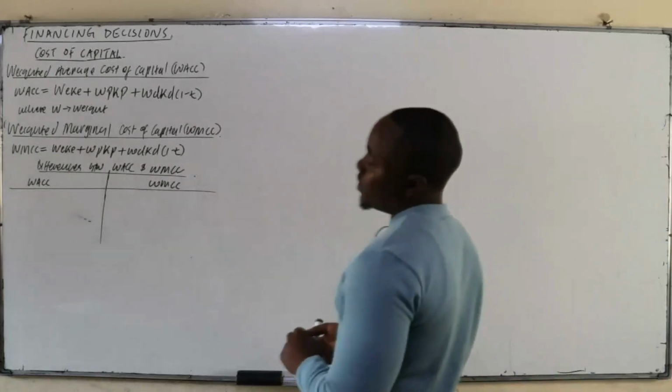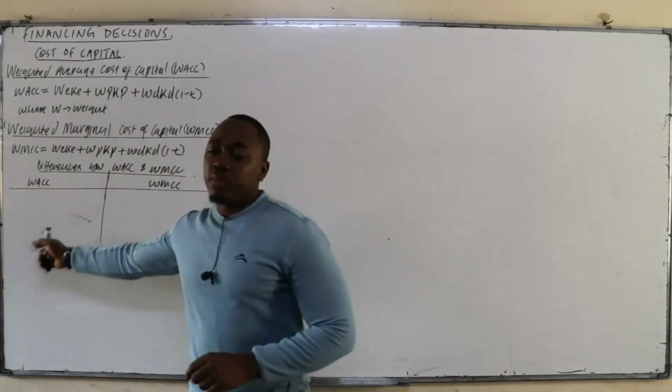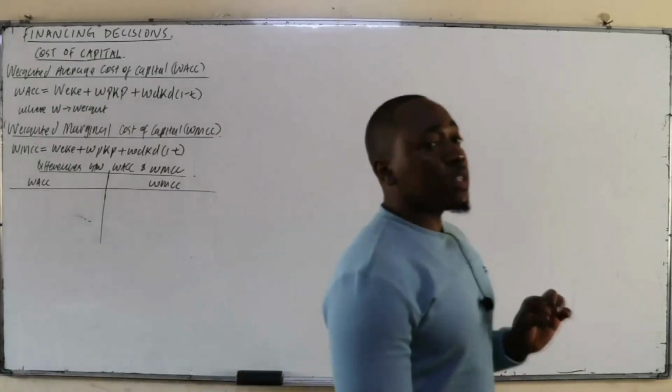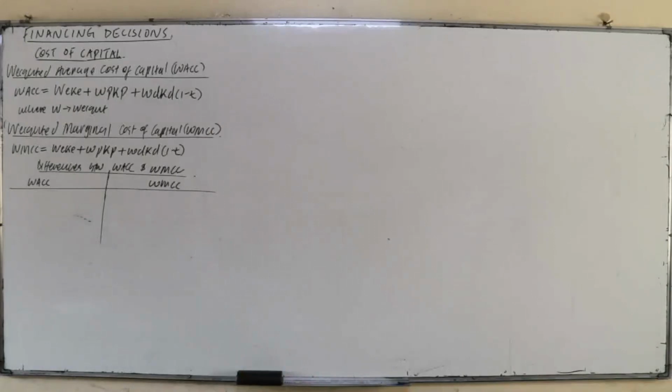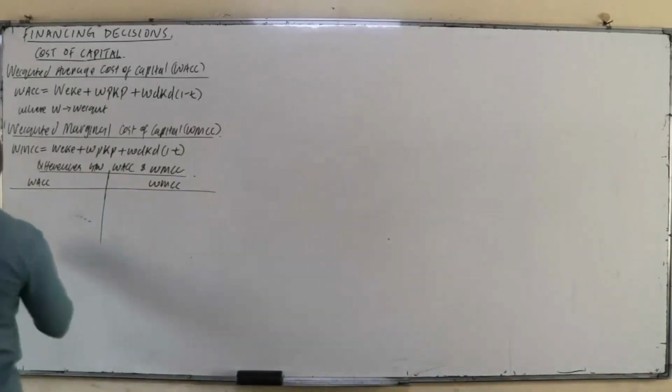Another difference: WACC uses market values to determine the weights, or proportions.